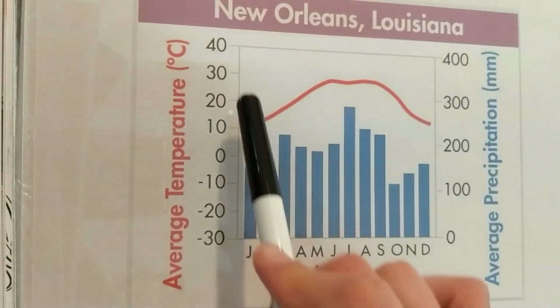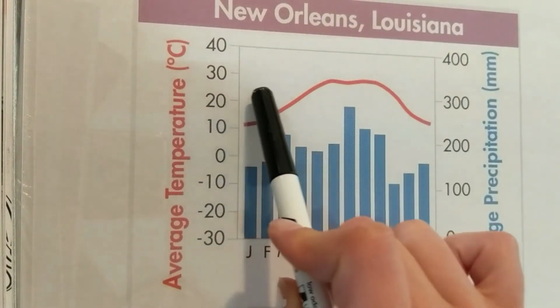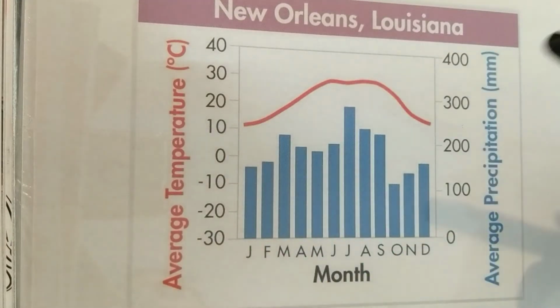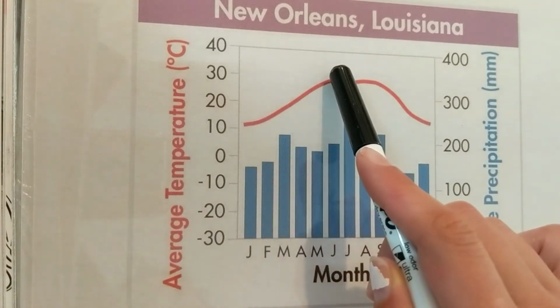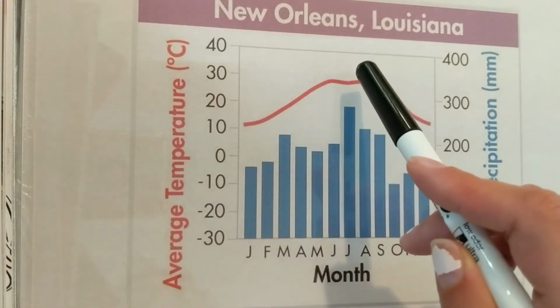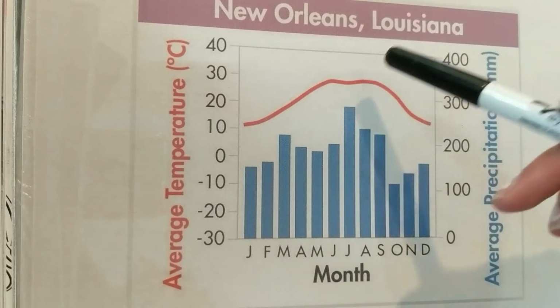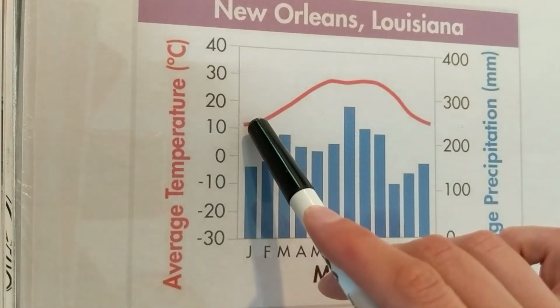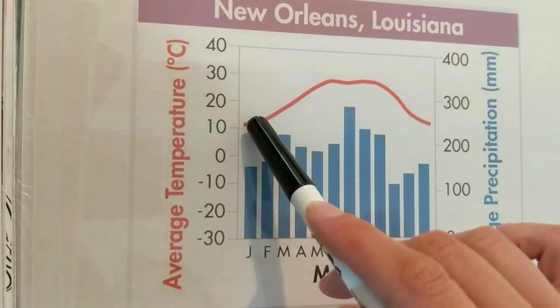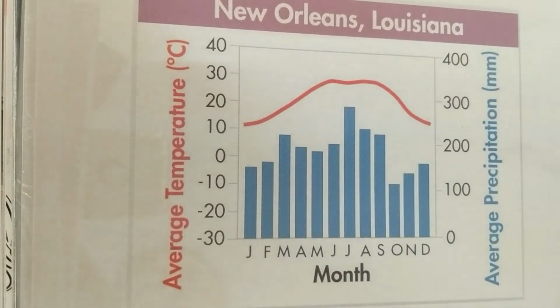As a reminder, about 22 degrees Celsius is room temperature, around 68 to 70 degrees Fahrenheit. Up at 30 is the high 80s, and around 10 would be quite cool, around 50 degrees.